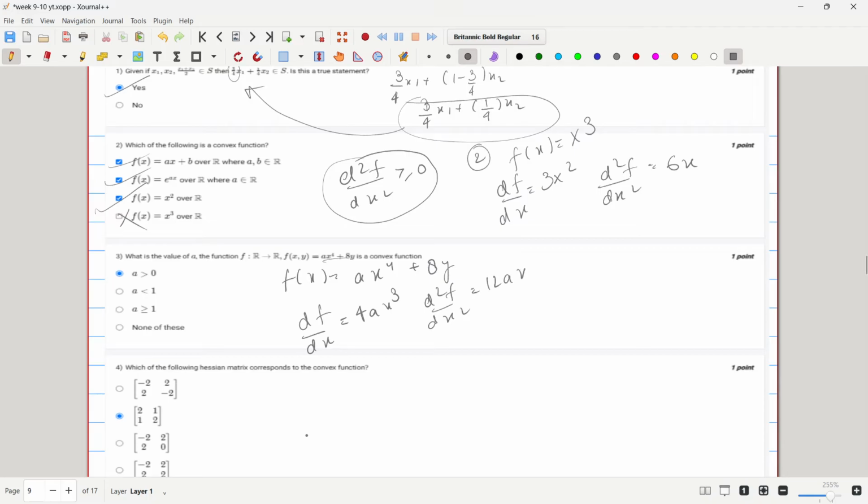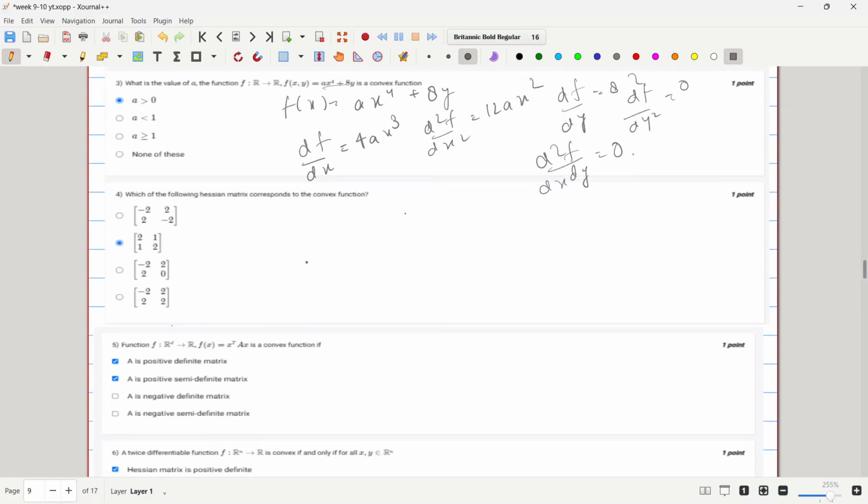It is 12ax square. What is df upon dy? It is 8. What is d square f divided by dy square? It is 0. And what is d square f divided by dx dy? It is also 0.